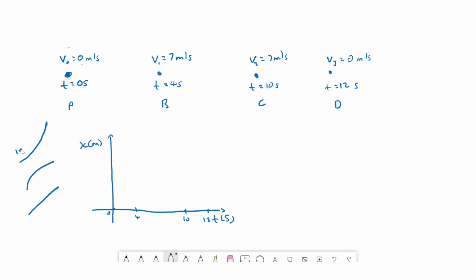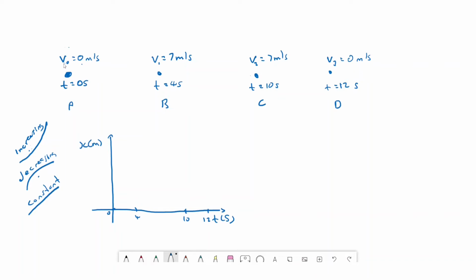So this is for increasing. This is for decreasing. So the most important thing to note is that in both here and here, the slopes are positive. But in this one the slope is increasing, and the slope is going to be decreasing here. All right. Then this is when you have the constant velocity. So the position time graph is going to look like that. So this is how the position time graphs are going to look for each situation.